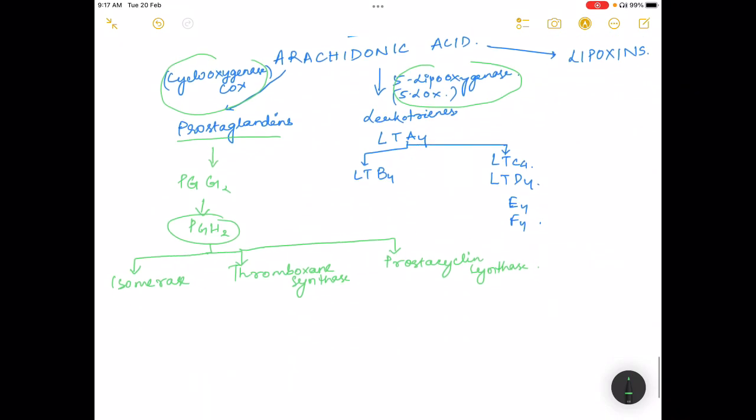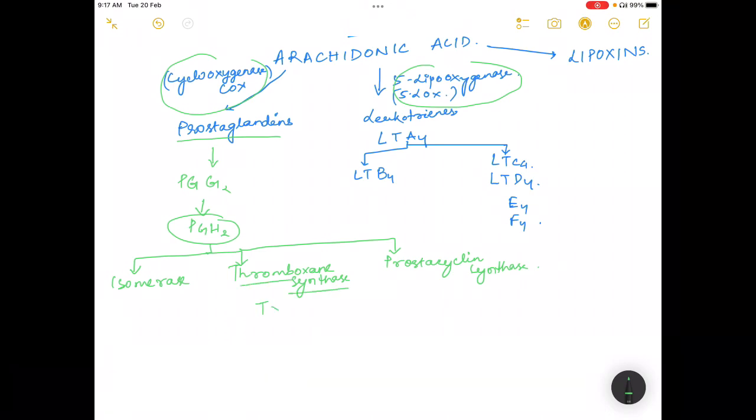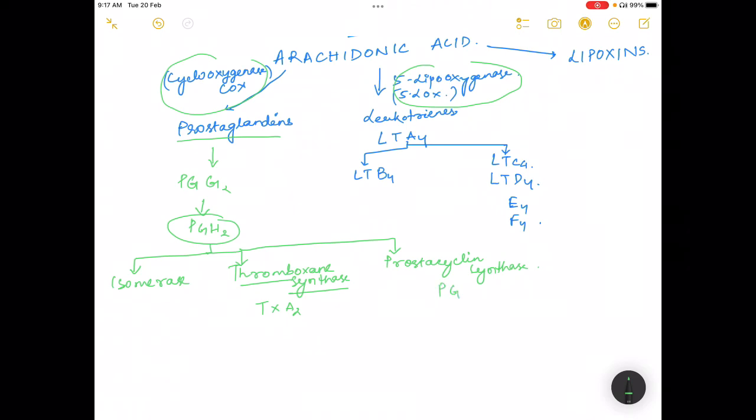So this thromboxane synthase, as the name indicates, you can remember, will synthesize TXA2. Prostacyclin synthase will synthesize PGI2, and isomerase will give rise to PGD2, E2, F2 alpha.